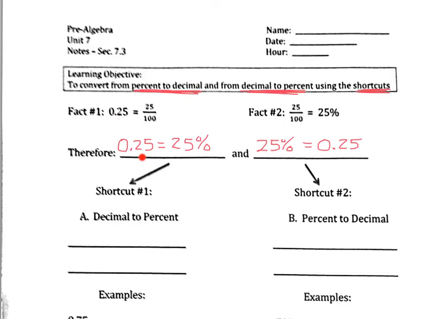So to get this decimal turned into a percent, you just take that decimal point and move it over 2 places to the right. So that's our first shortcut. Move decimal 2 places to the right.